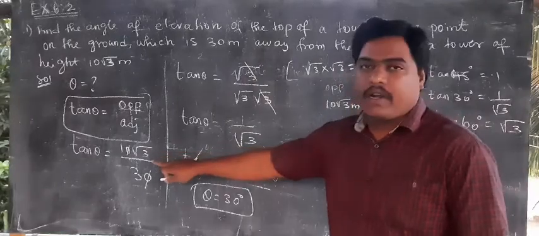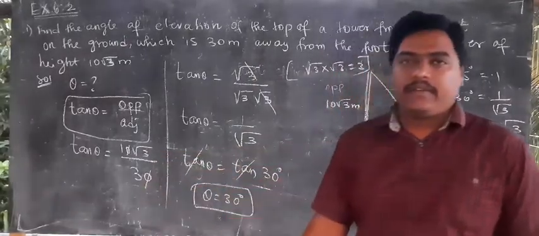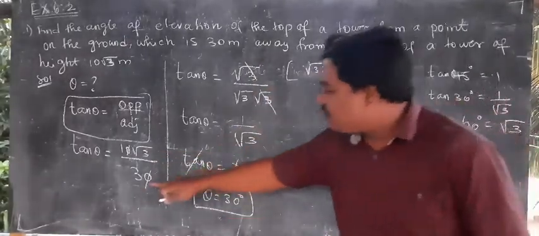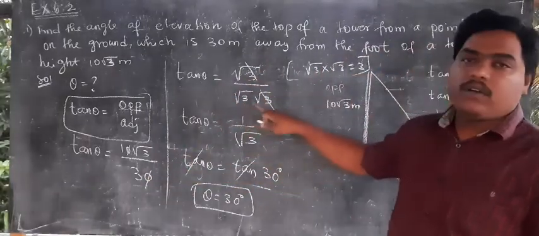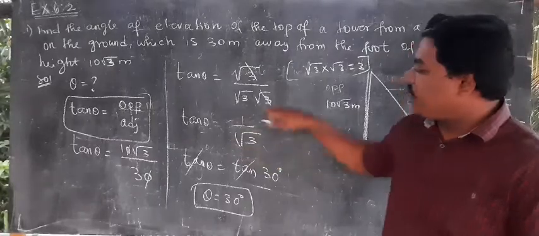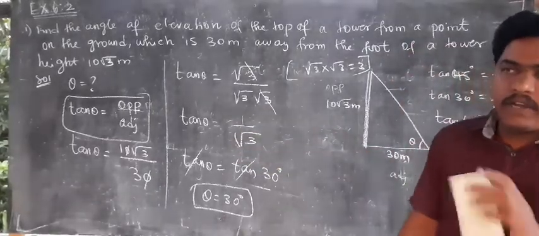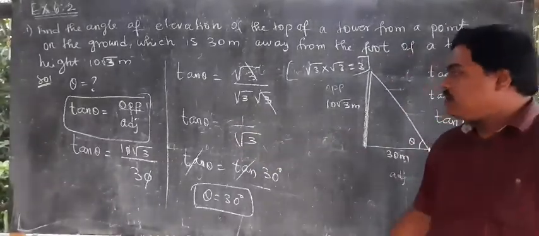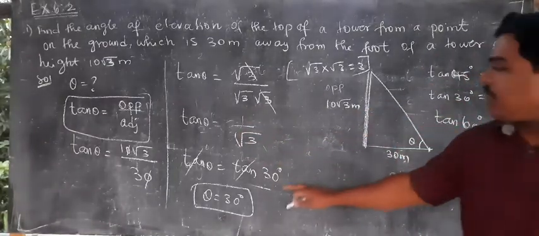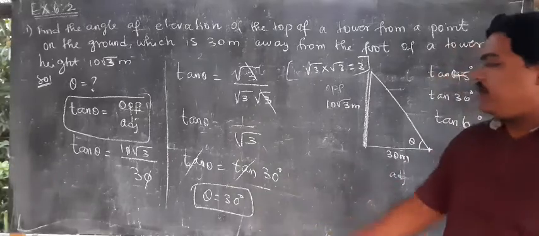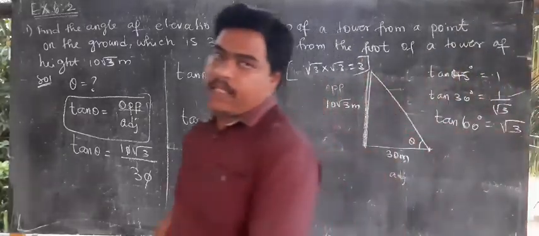So in numerator root 3, denominator 3. To cancel root 3, I write this 3 as root 3 into root 3 and then cancel. 1 by root 3 we are getting. We need to find theta. So 1 by root 3 is equal to tan 30. So I write tan 30. Cancel this, we get the value. So the final answer is theta equal to 30 degree.